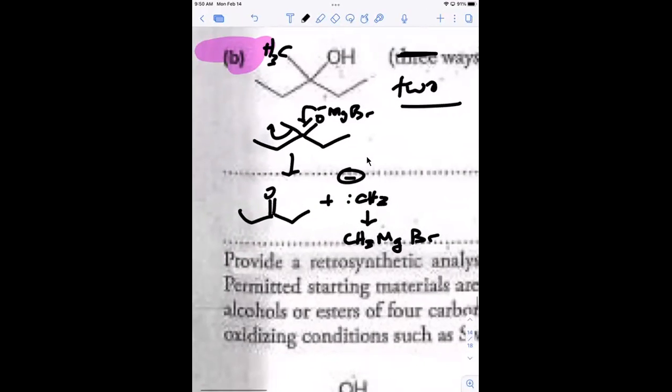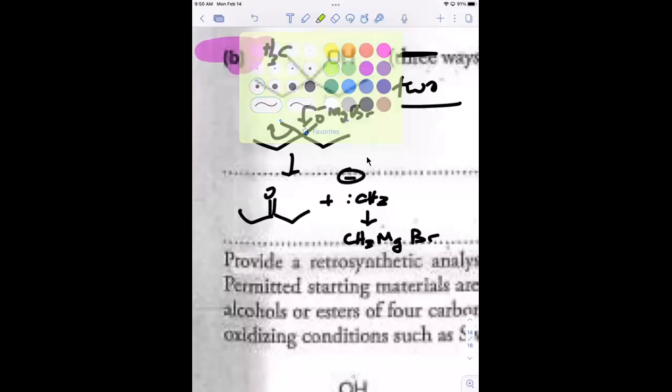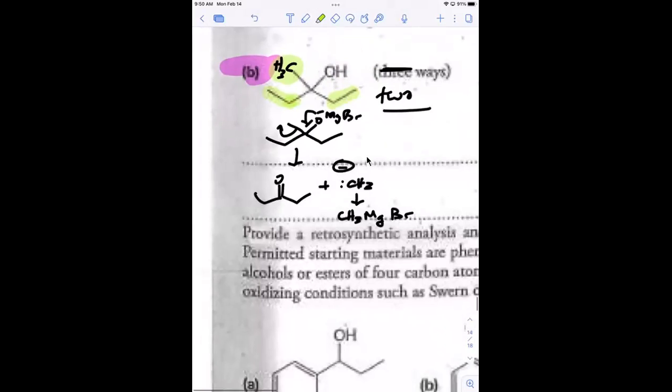So it's this other group right here that can come off. Right, so you have a choice. You can eliminate the methyl or either one of these groups over here. And that'll give you your 2 ways to make that. Okay, thank you. All right, we're gonna stop there.